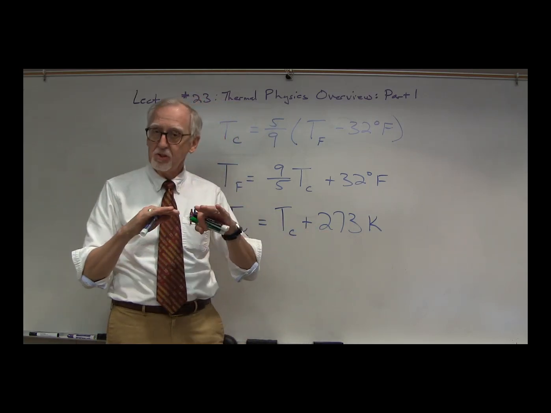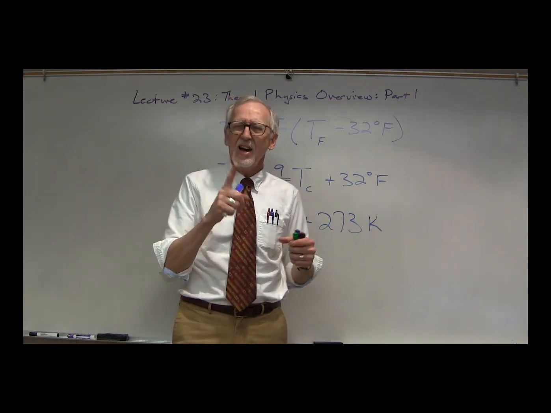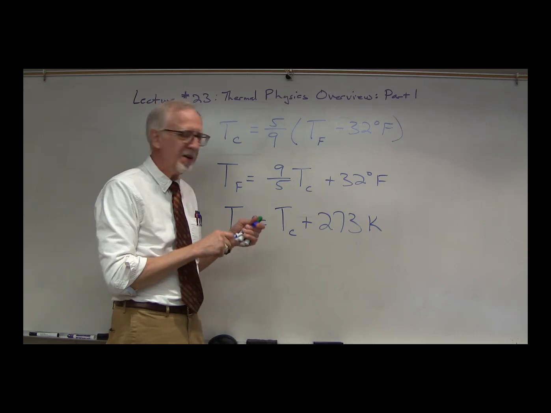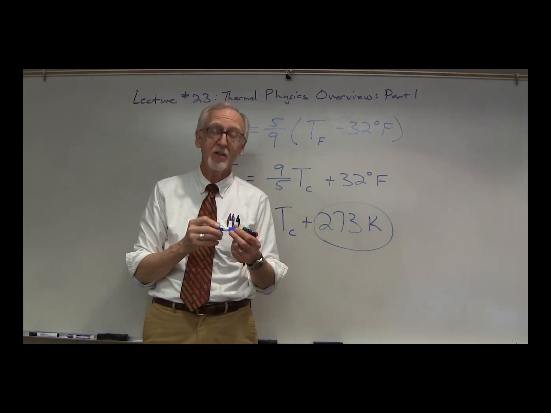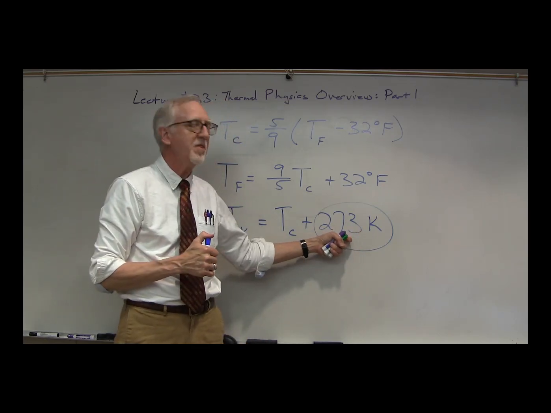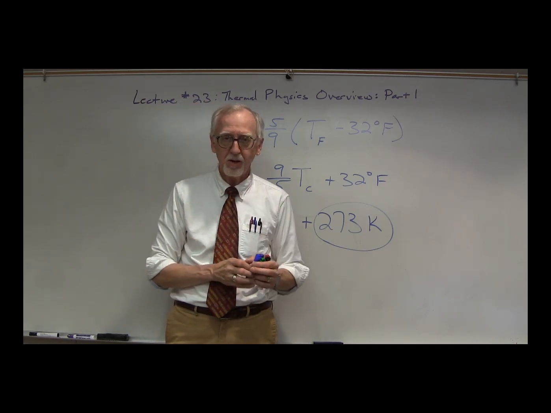So absolute 0 is negative 273 degrees Celsius. This is such an important number that for my students, I would really expect you to remember that. So remember that 273 Kelvin, and remember how this fits in here, because it is a very, very important number.